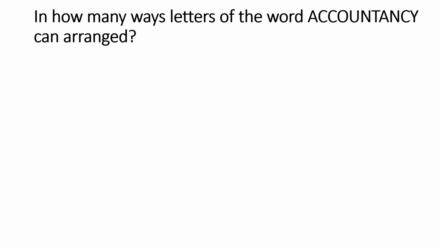In how many ways can the letters of the word accountancy be arranged? So first let us count how many letters we have here. So the number of letters n is equal to, 1, 2, 3, 4, 5, 6, 7, 8, 9, 10, 11. So there are 11 letters.